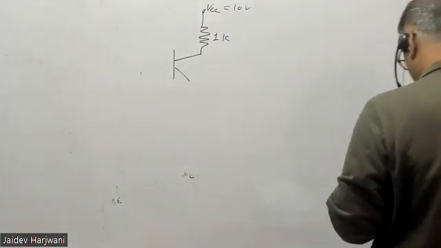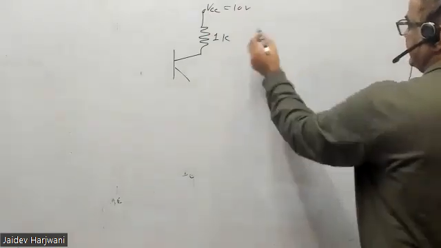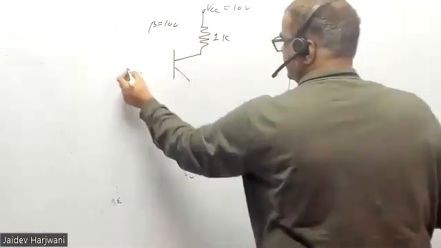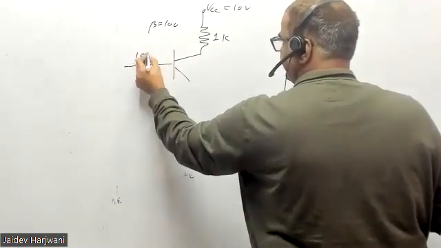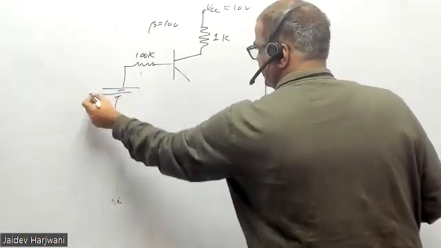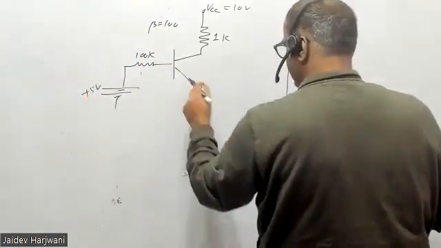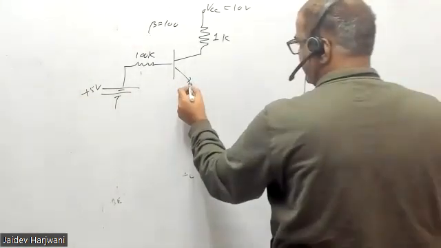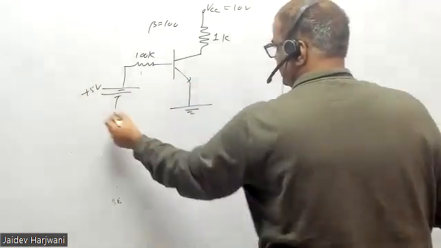And beta is given as 100. This is your 100K. And this is your 5 volt. And this is your common emitter. This is your ground.